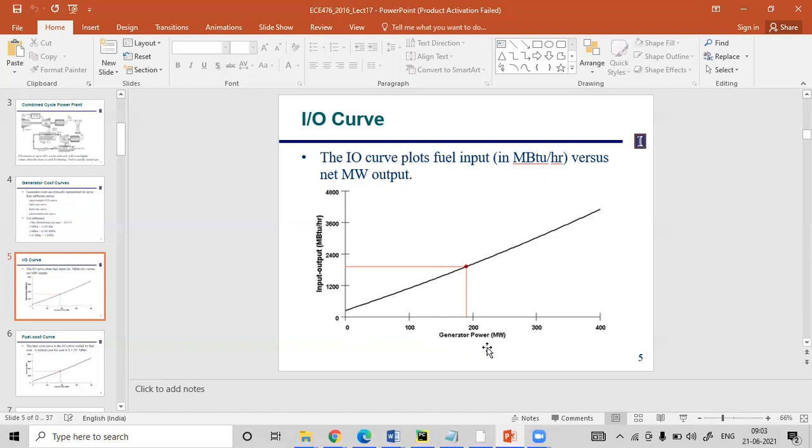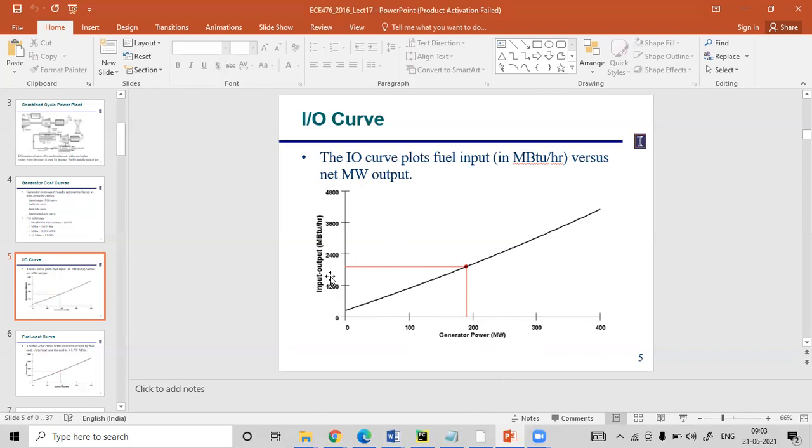You can see here, initially the generator output is 0 up to some input heat energy. When thermal energy is produced, you can see in this section, almost 400 to 500 MBTU, there is no generator output initially. And when power starts generating, it increases linearly.